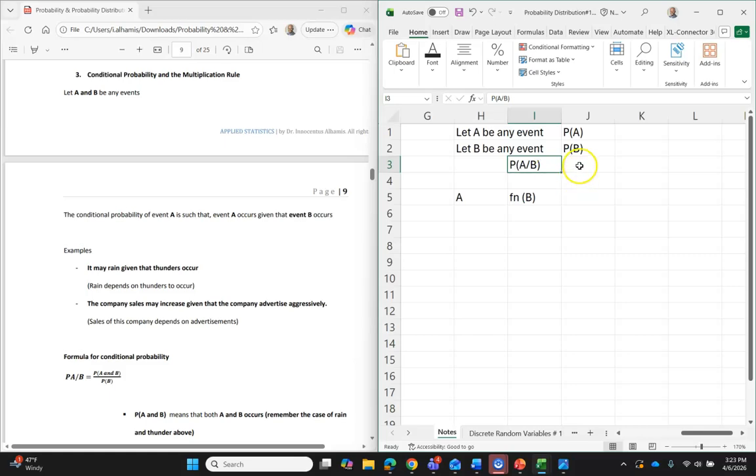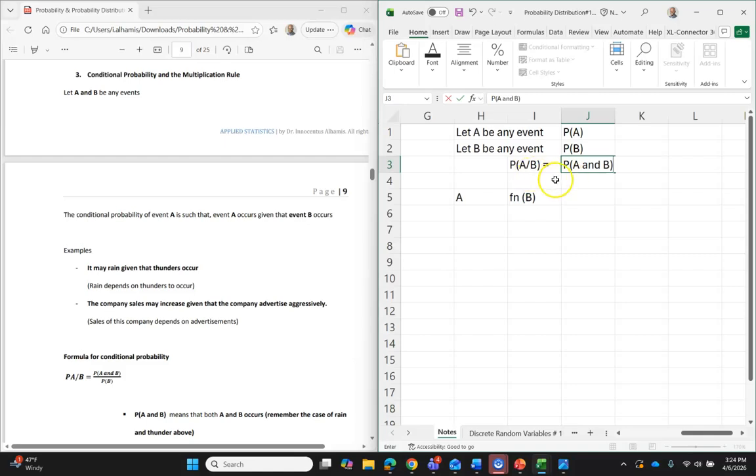And this probability has an equation. We can write an equation for this. In this case, we are looking at probability of A and B, which is what we call the joint probability. They happen together or jointly, or they have elements that are common in each side.